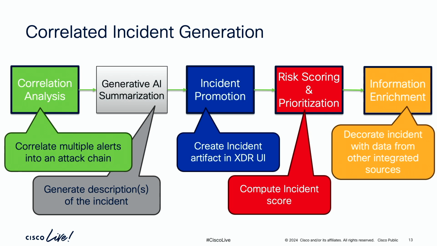Once that is done, we then promote the incident into the UI so that it is visible to the user. Before that, it was just software constructs in the engine. Once it's in the UI, it is then risk scored. So the risk scoring algorithms continue to change as the incident may or may not gain additional data.